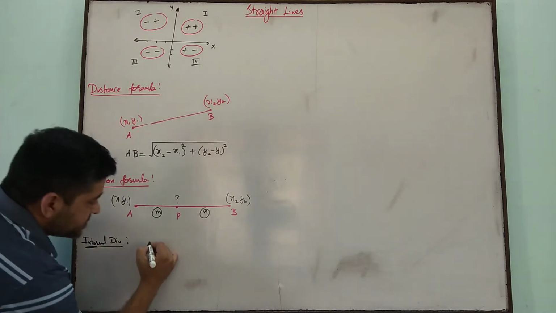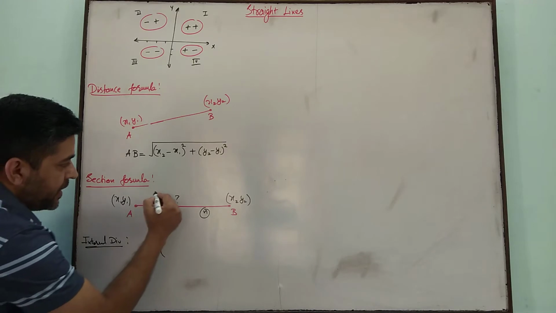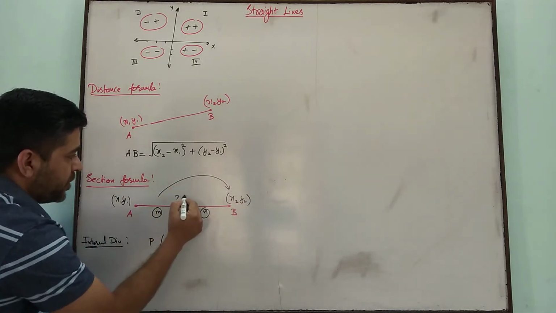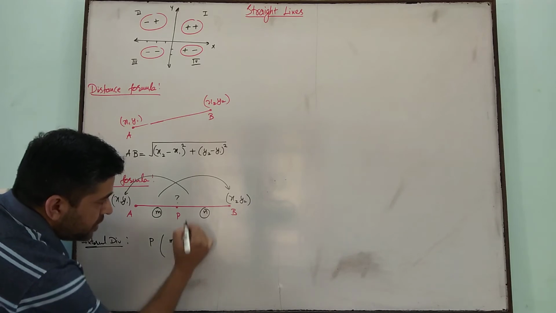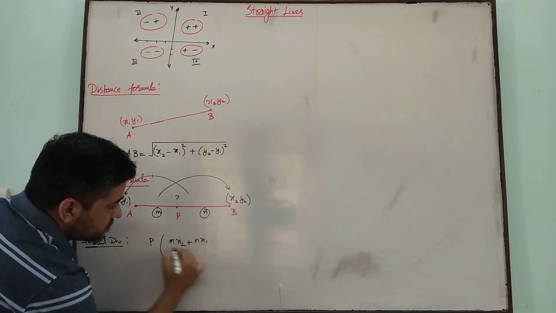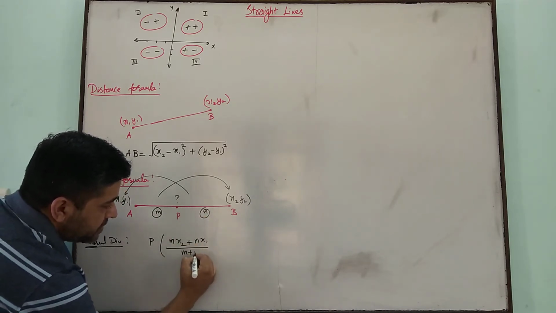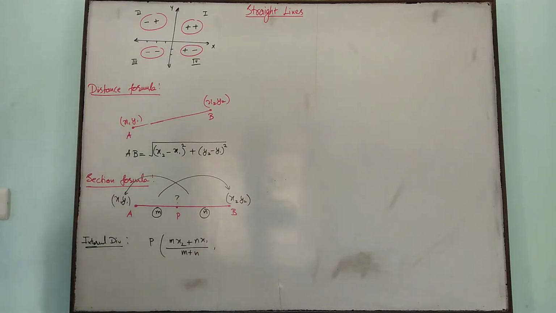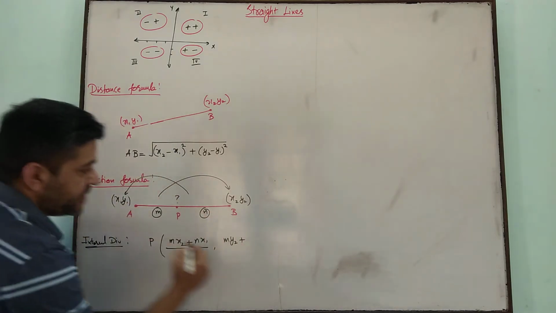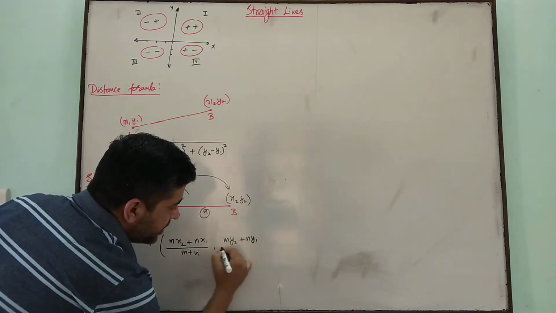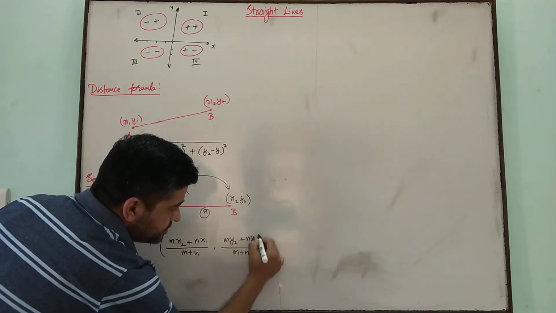Then your coordinates of P will be m into x2 plus n into x1 divided by m plus n. This is x coordinate. Y coordinate will be m into y2 plus n into y1 divided by m plus n.